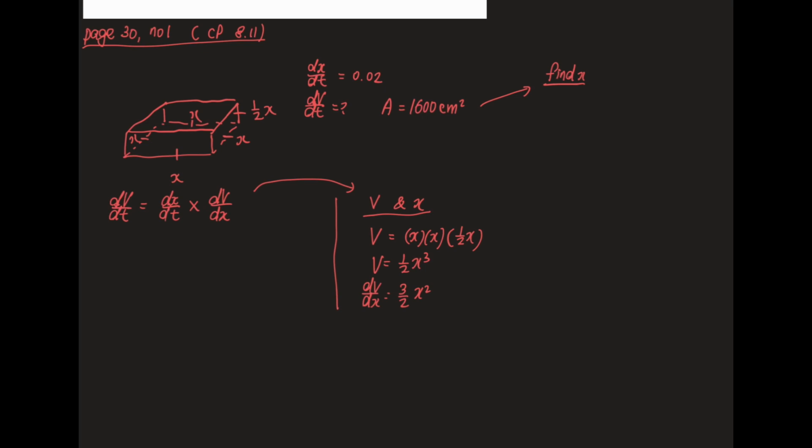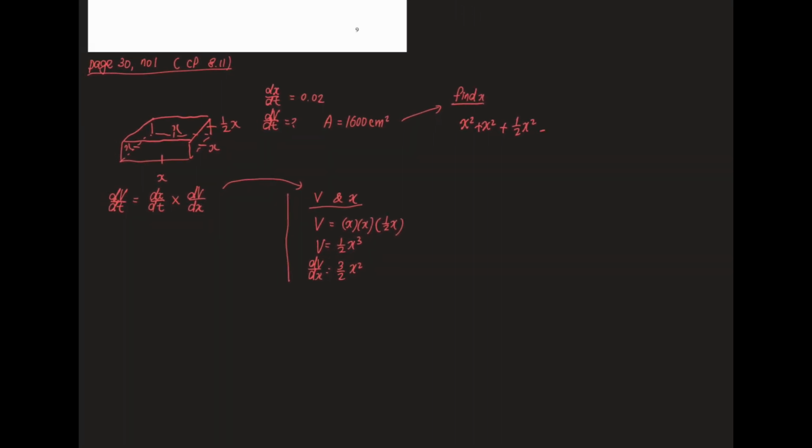If you look at the cuboid given, our surface includes the bottom surface, which is x squared, the top surface, which is also x squared, and the surface on the left, right, front and back, which is half x squared each. So left, right, front, back equal to 1600.